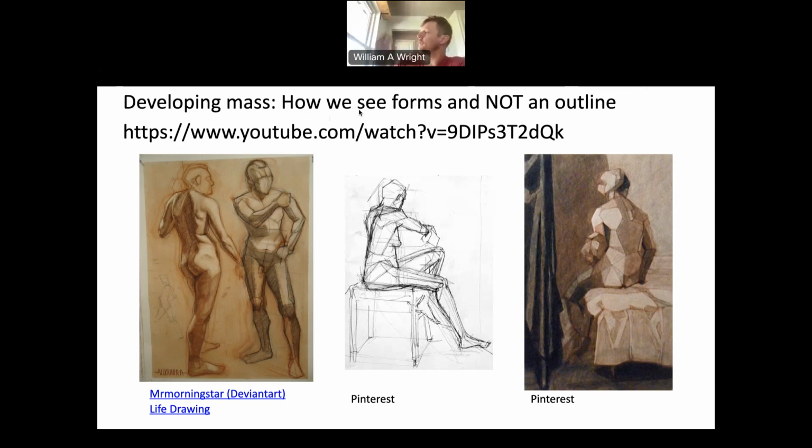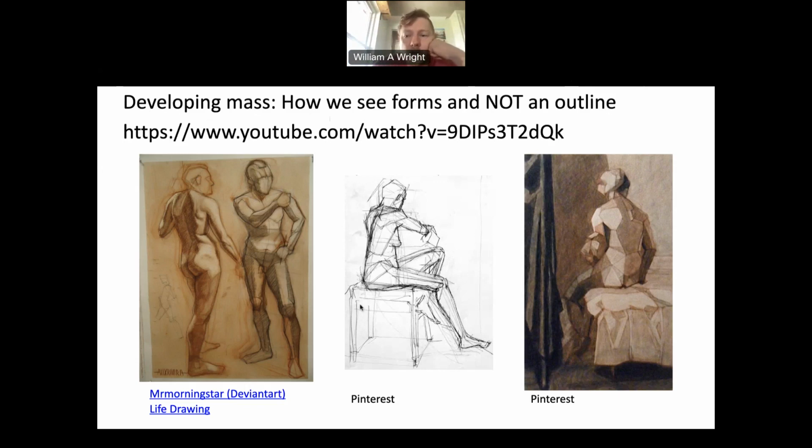If I hold my hand up so that the white wall is behind it, my hand is darker than the wall, and that is why I see the difference. I don't see the difference because there's a line around it. So part of developing mass and using value, especially on the figure, is to make sure you don't have too much outline, because a lot of outline makes things cartoony and flat, and it's because it's not real. We don't see big lines around things.